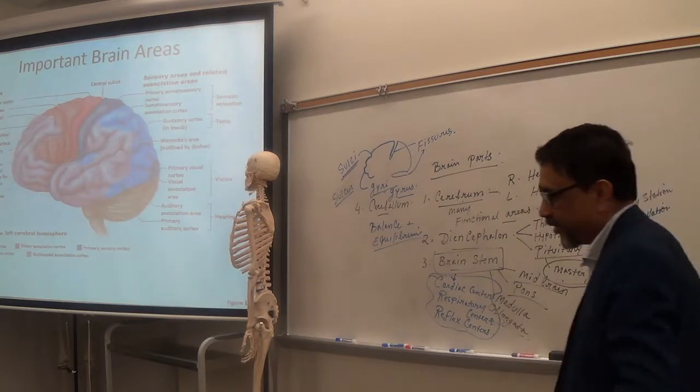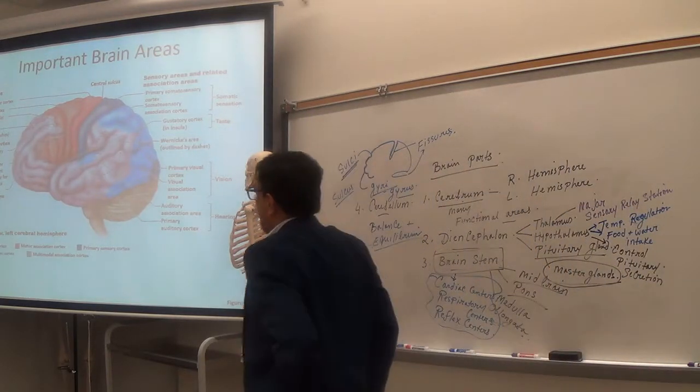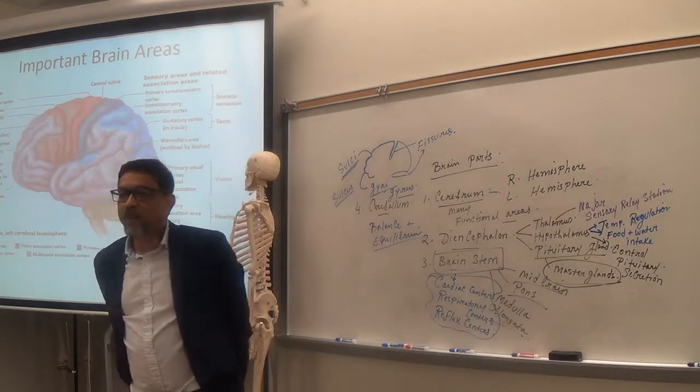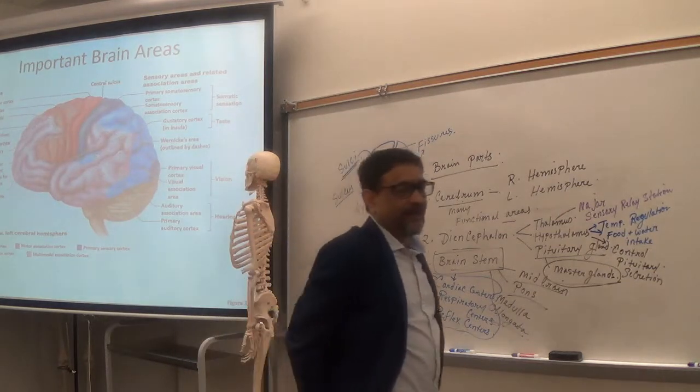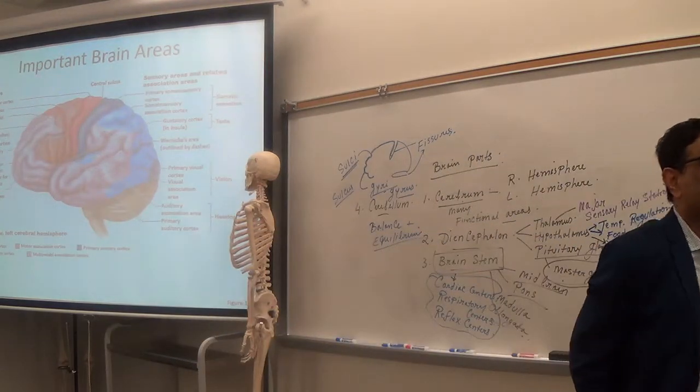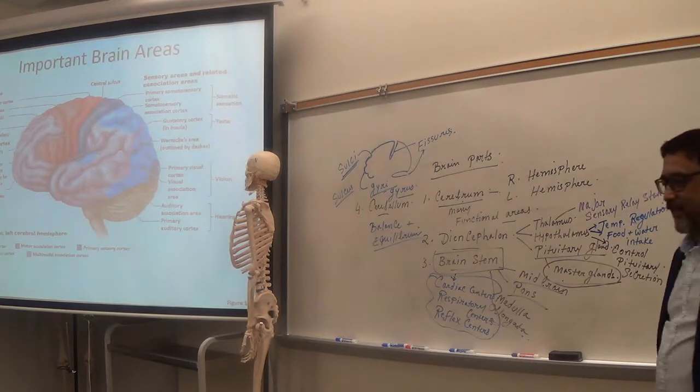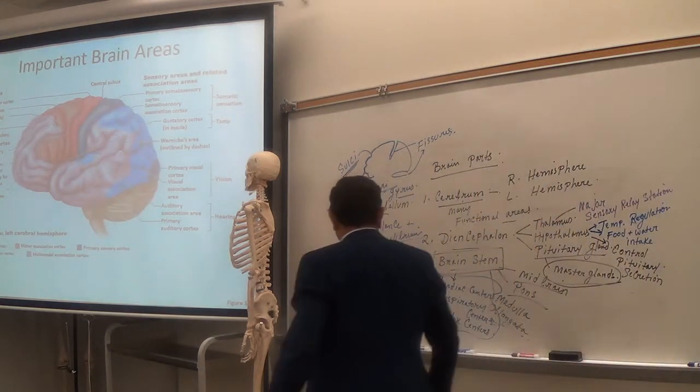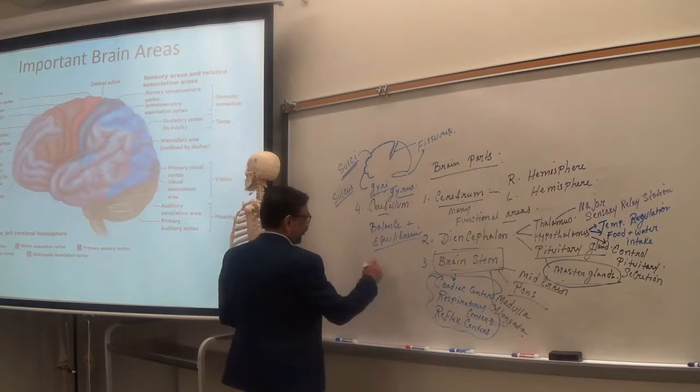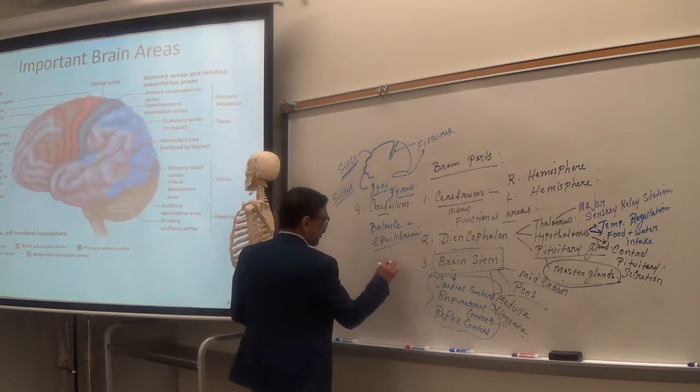Behind the central sulcus, that gyrus is called post-central gyrus. Post means after or behind. Post-central gyrus, the dark blue one, is called the primary somatosensory cortex. Somatosensations are touch, pain, temperature.